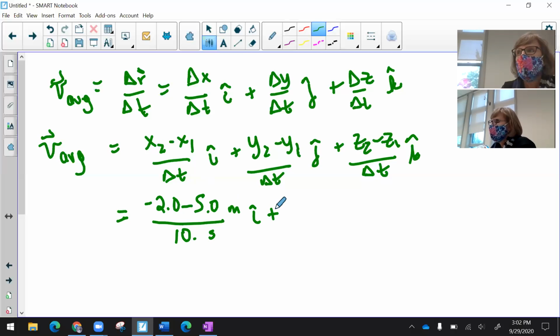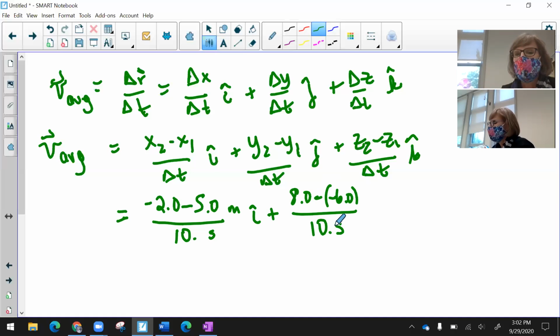Sophie, what's my Y2? Okay. Eva, what's my Y1? Okay, so minus negative 6. Again, my delta T is seconds, and the units for all of those R values are meters.